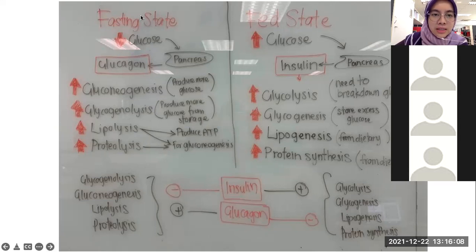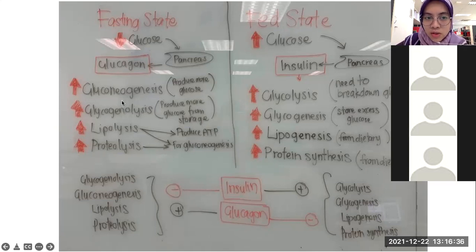In fasting state, going back, the glucose concentration is very low. So our body is trying to top up the glucose that is reduced, bring the glucose level back to normal. This is not in sequence, it will happen concurrently.